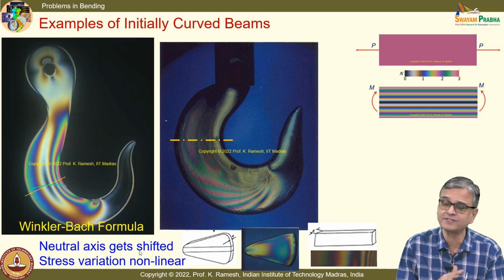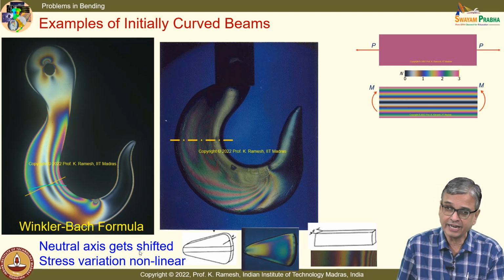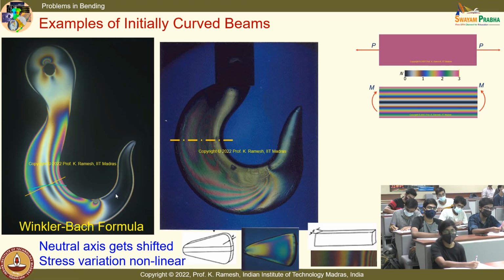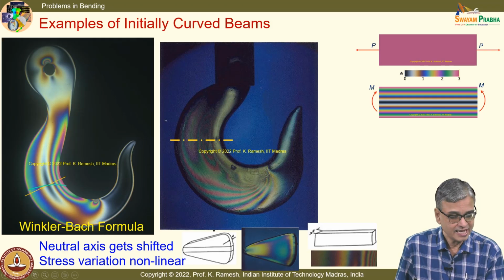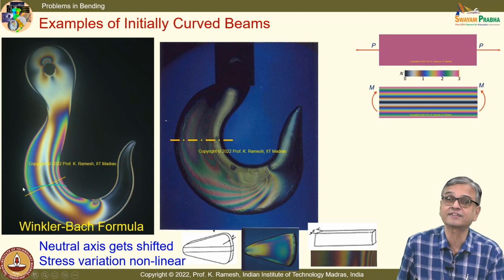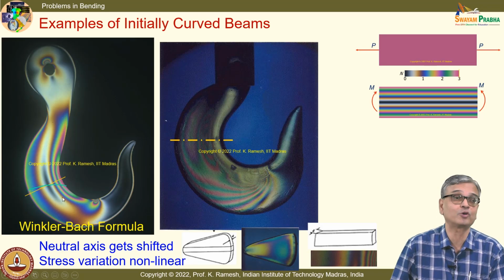Otherwise, it coincides with the centroidal axis. In a initially curved beam, even though it is made of a single material, please make a note of it. These are very, very subtle learnings. The neutral axis gets shifted, and the second important observation is stress variation is non-linear. In fact, it is hyperbolic.